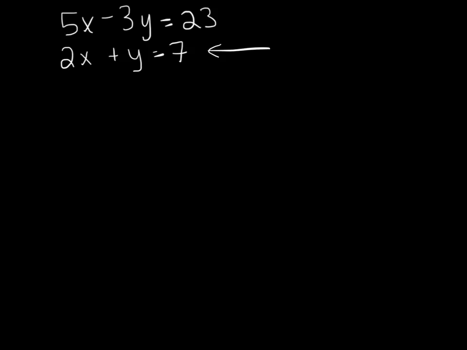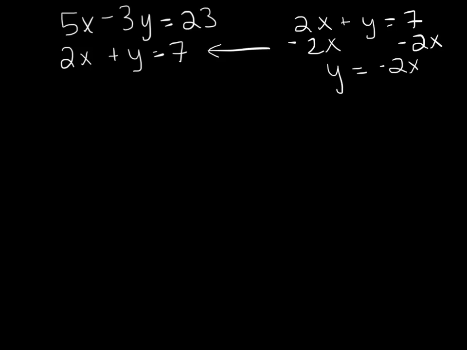So I'm going to take 2x plus y equals 7 and solve for y. Okay, so I get y equals negative 2x plus 7. Now, that's step 1.